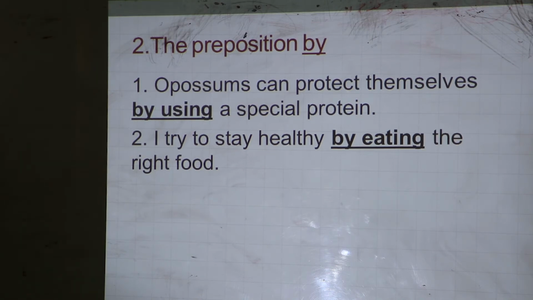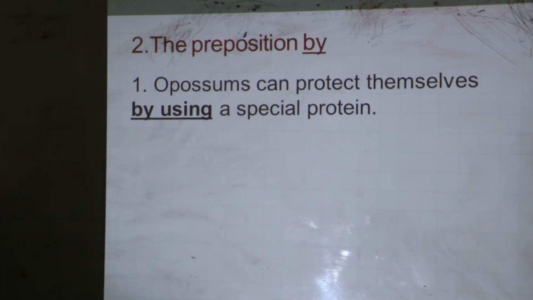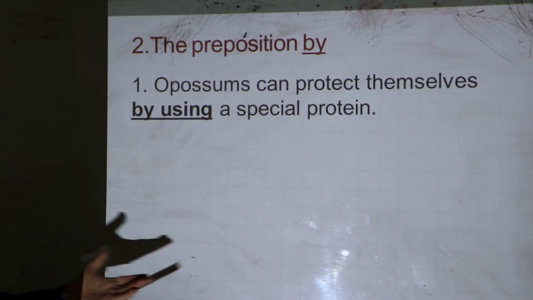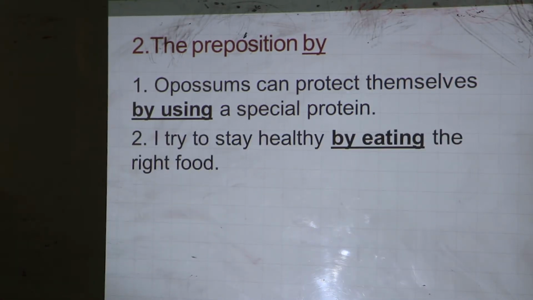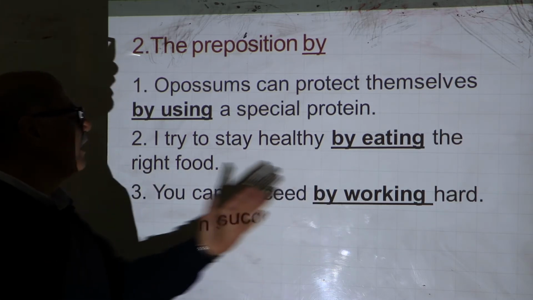The answer is by using a special protein. So we ask, how? Look at the second sentence. I try to stay healthy by eating the right food. How do you try to stay healthy? The answer is by eating the right food. The third sentence. You can succeed by working hard. How can you succeed? You can succeed by working hard.